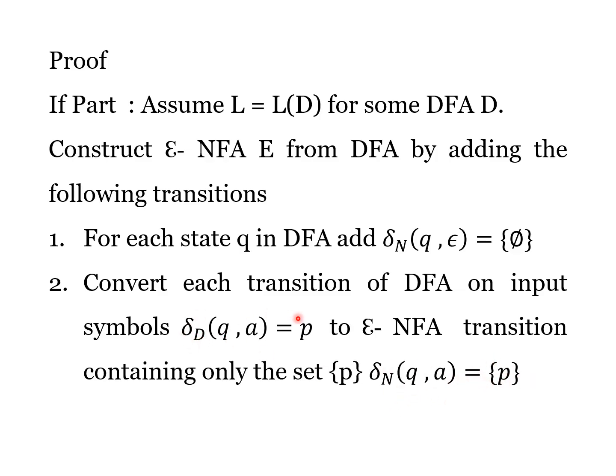So here in the DFA, on state q giving input a, it goes to the state p. Then in the NFA also, on state q with input a it goes to the state p. The difference is that here it is simply p, while here we are saying it as a set {p}. That is the way we prove our if part.